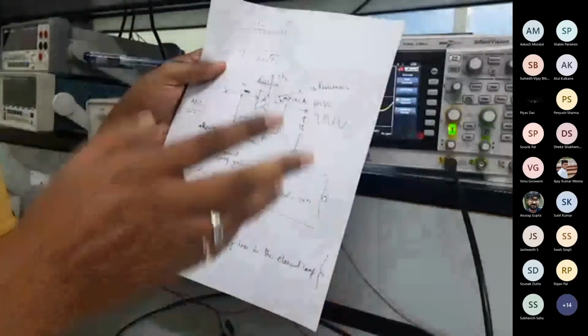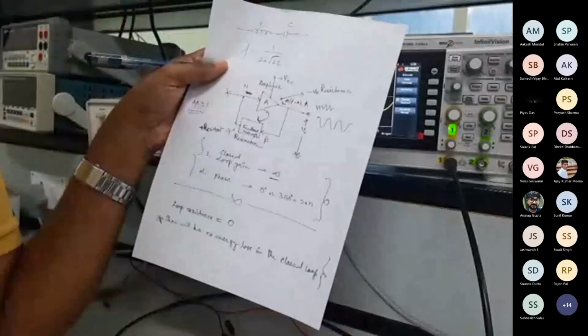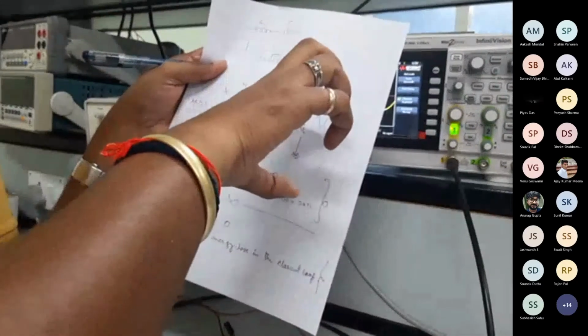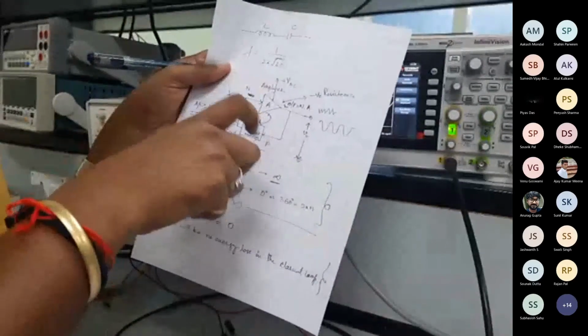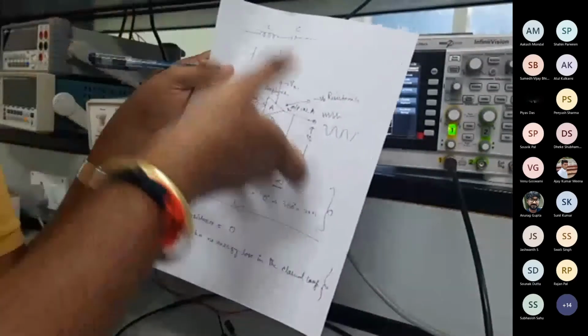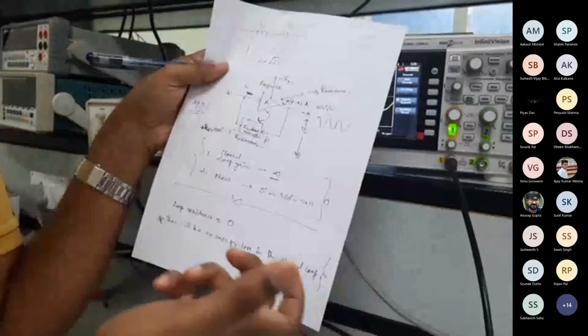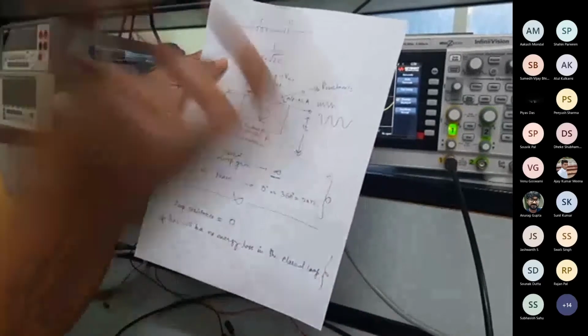If we use 2 inductors and 1 capacitor, where the output is fed back to the input through some voltage division, through the inductor, it is known as a Hartley oscillator.